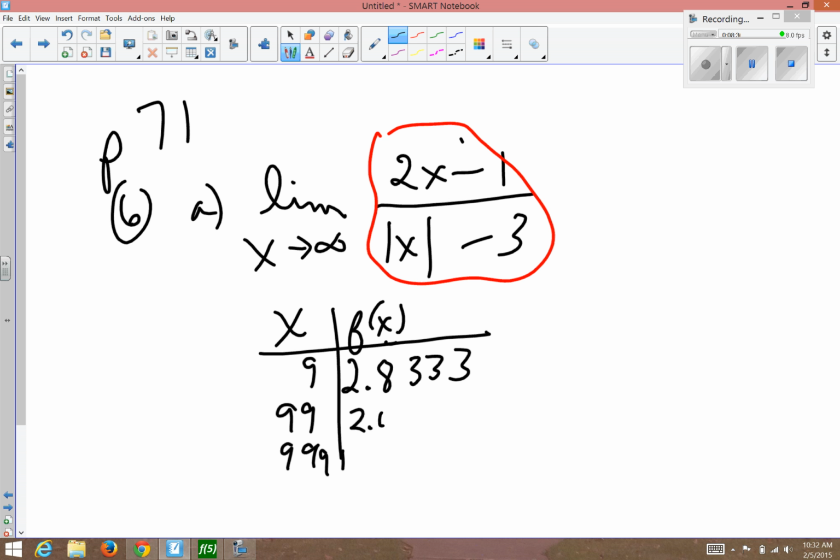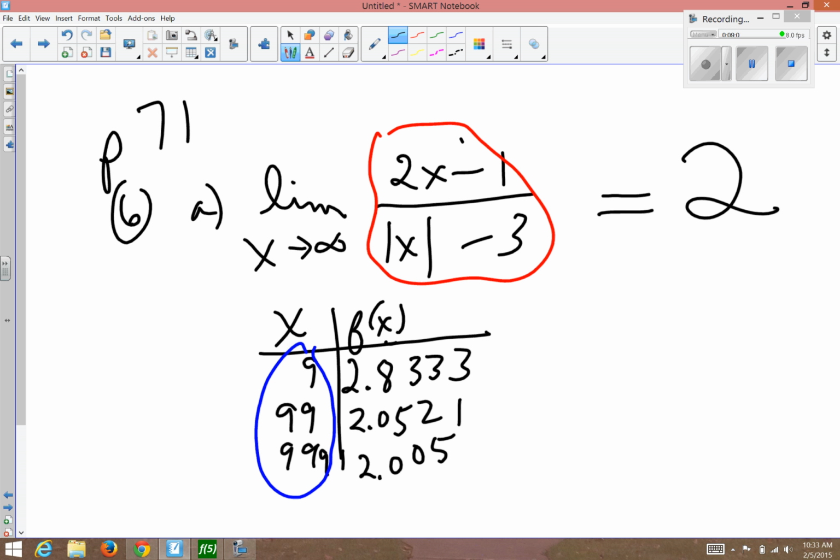I got 2.0521. Calculate this when x is 999. And I got 2.005. I can see that as x approaches infinity, f of x is getting closer and closer to 2. So there is the answer to part A. I can just see these numbers, 2.8, close to 2, 2.05, even closer to 2, 2.005, even closer to 2. 2 is called the limit.